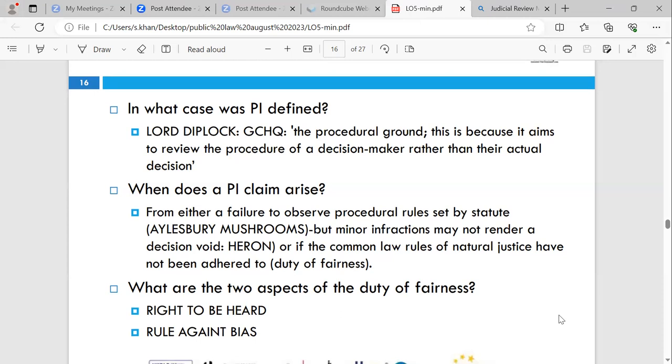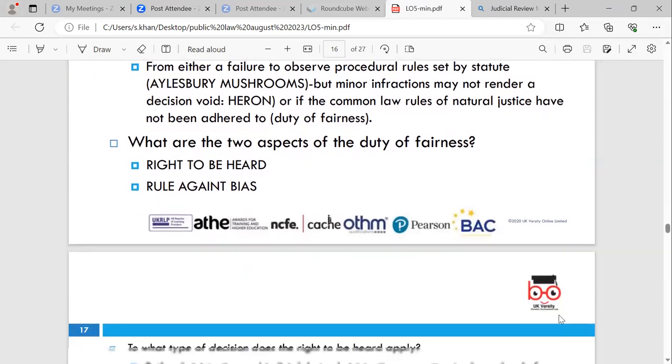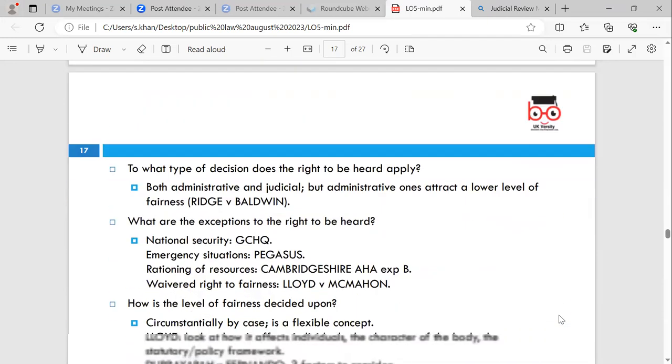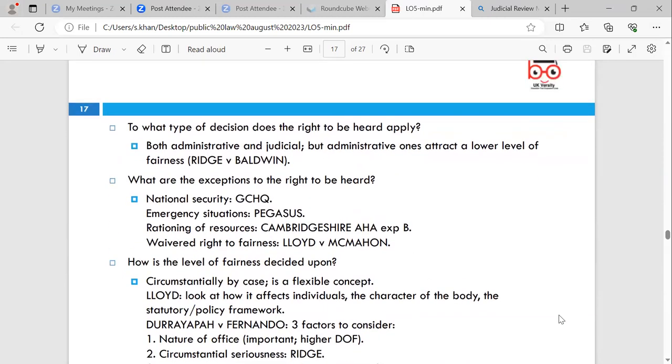What are the two aspects of duty of fairness? The right to be heard and the rule against bias. To what type of decision does the right to be heard apply? Both administrative and judicial, but administrative ones attract a lower level of fairness, as in the popular case of Ridge and Baldwin.